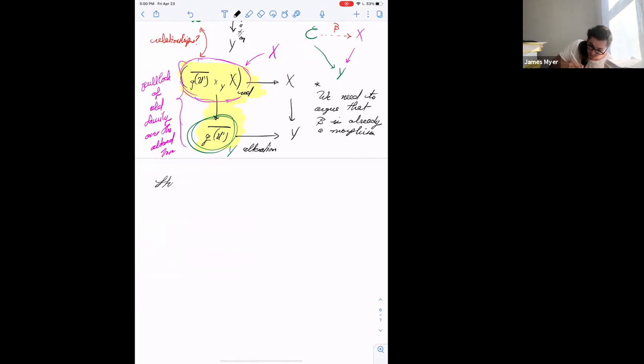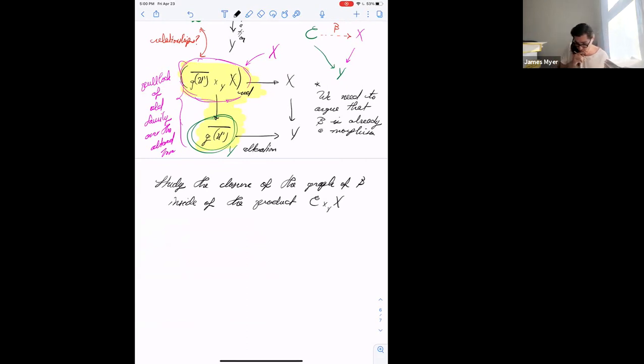So we study the graph, or the closure of the graph of beta, inside of the product of C and X over Y. And in particular, we focus on the projection, which we'll call PR1, and that goes from the product onto C.